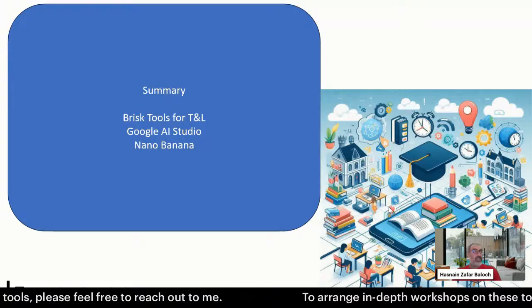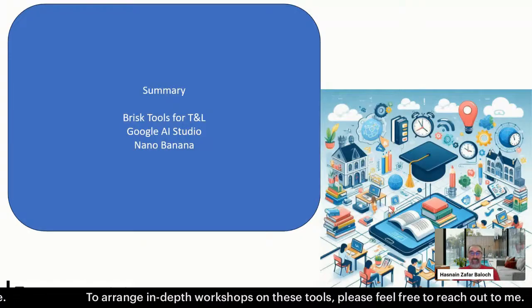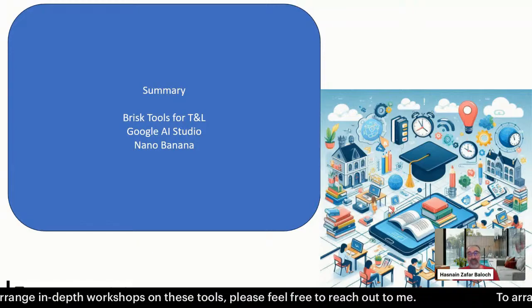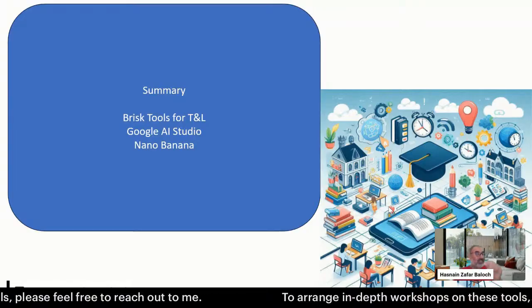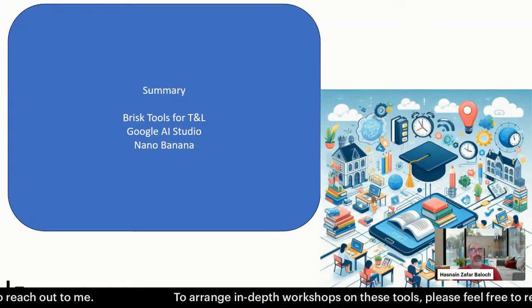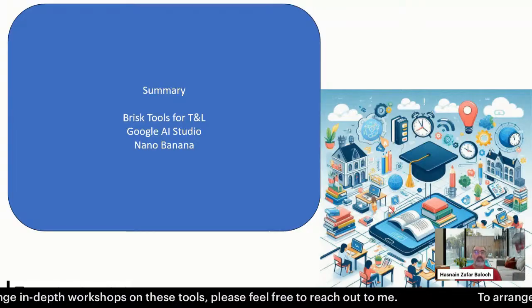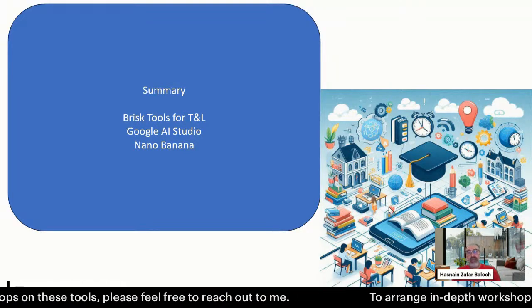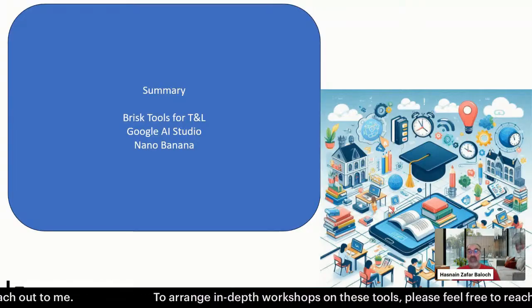So, in summary, today we explained and dived more into two AI tools: the Brisk teaching tool, which has just recently launched next-level features. I have yet to explore them, and in my next broadcast I will share my own experience with the next level of Brisk tools.